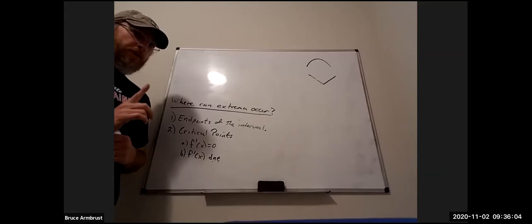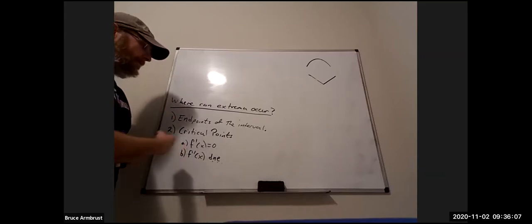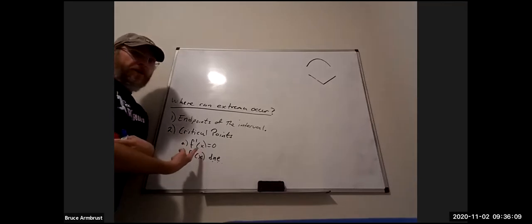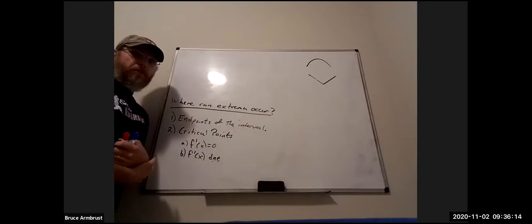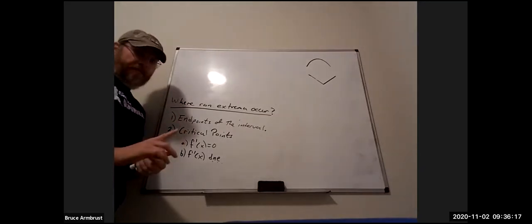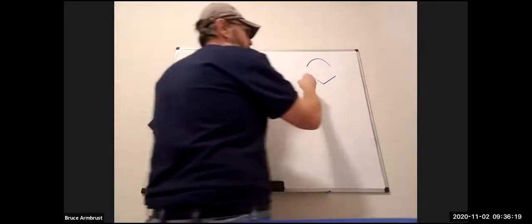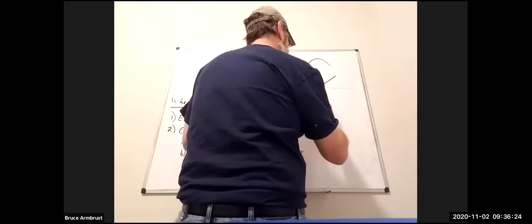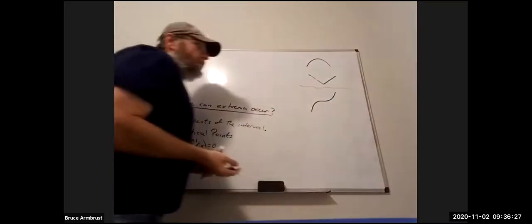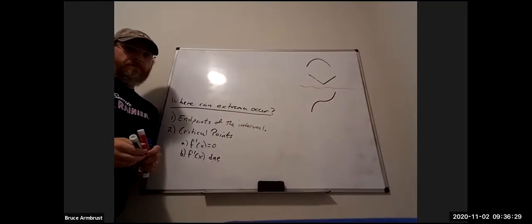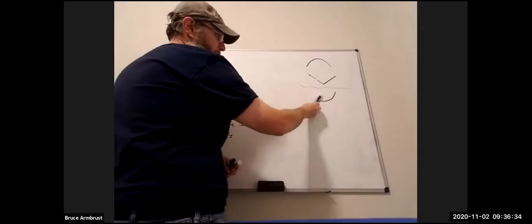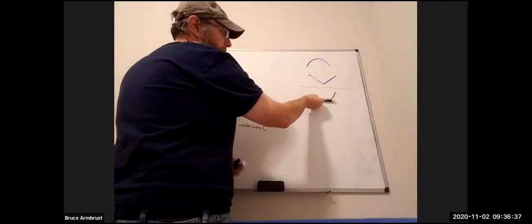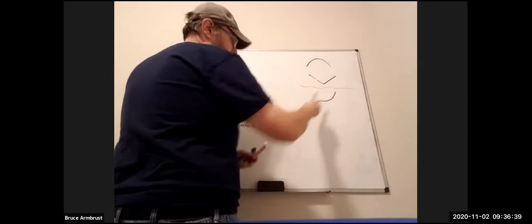But I need to warn you, there are places where the derivative is equal to 0 and places where the derivative does not exist that don't lead to turnaround points. Let me show you an example of both. Think about this function right here. If you had your tangent line and you're looking at the slopes, we get to a point where it's flat, but then it starts going up again.